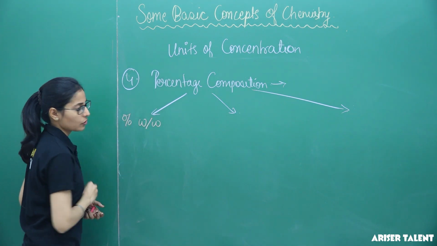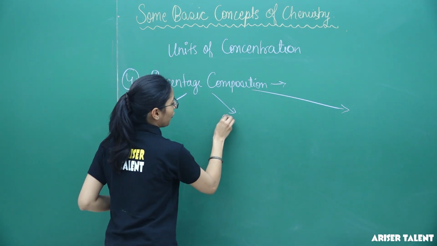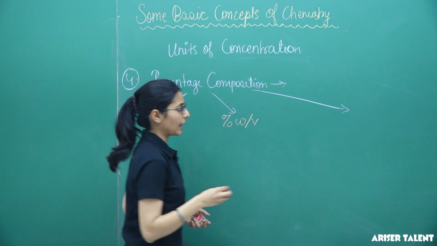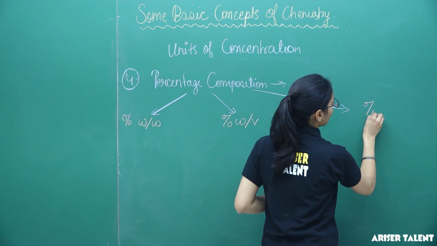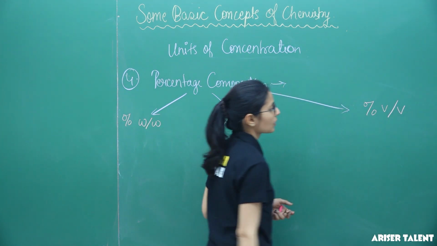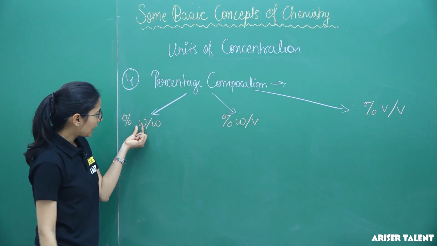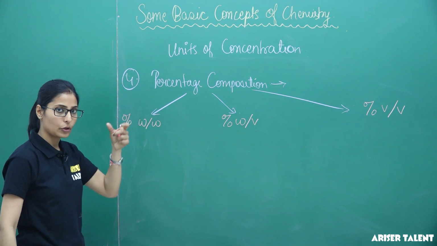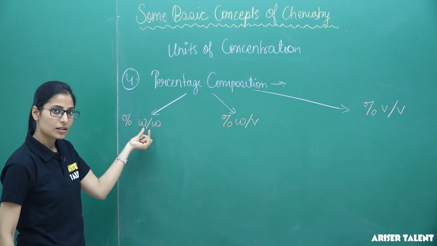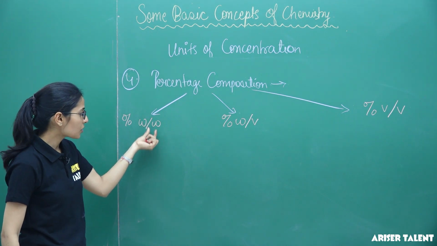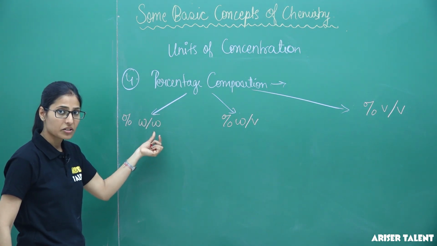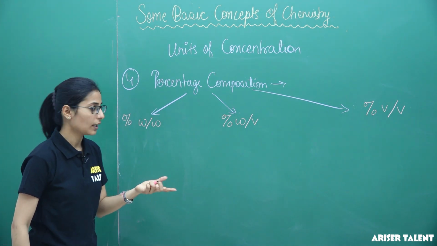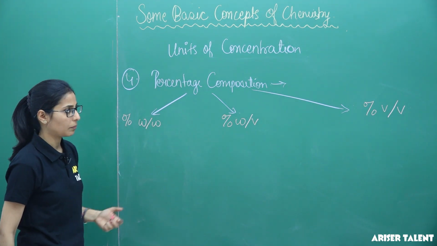Then we have percentage weight by volume, and the third one is percentage volume by volume. The one written above in the numerator is telling us the weight of the solute, and the one written in the lower part, the denominator, is showing us the weight of the solution. This is the thing that you have to remember over here.